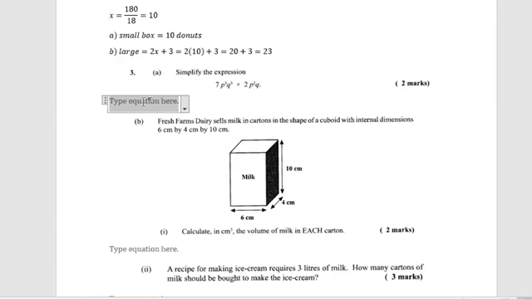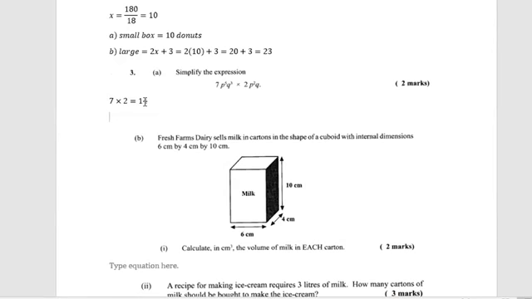So working the coefficients, what I'll have is 7 multiplied by 2, and we all know our 2 times table, that would give us 14. And now we will have p to the 5th power multiplied by p to the 2nd power, p squared.